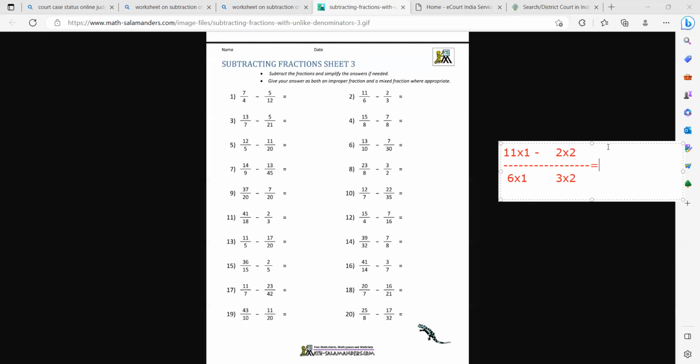So 11 into 1 will give us 11, minus 2 into 2 will give us 4. And the denominator will be 6, because 6 into 1 is 6 and 3 into 2 is 6, and the LCM was 6. So 11 minus 4 is 7.